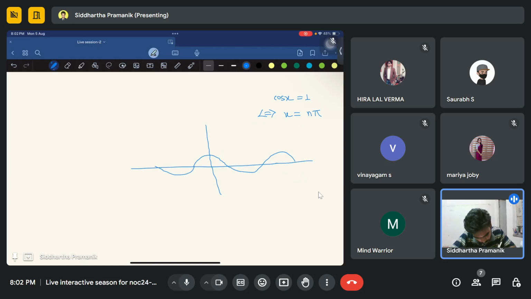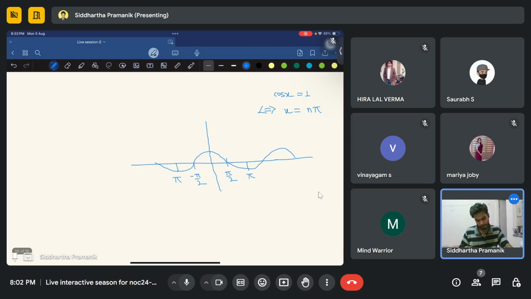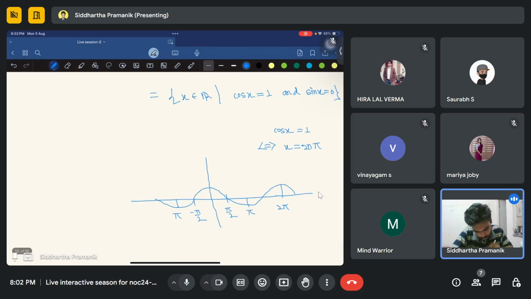Here is pi by 2, here pi, similarly here minus pi by 2, here minus pi, and this should be 2 pi. So cos x equals 1, the solution is 2n pi, and sin 2n pi is always 0.